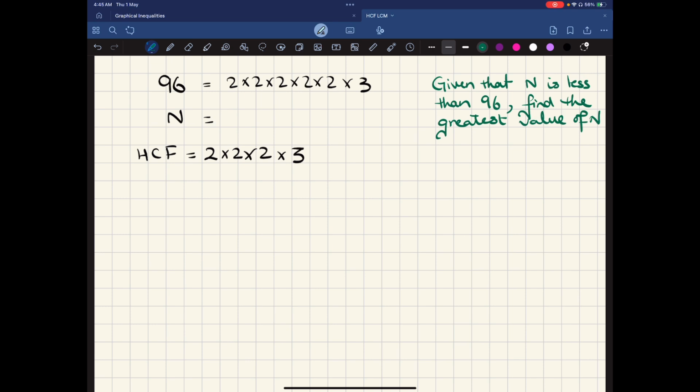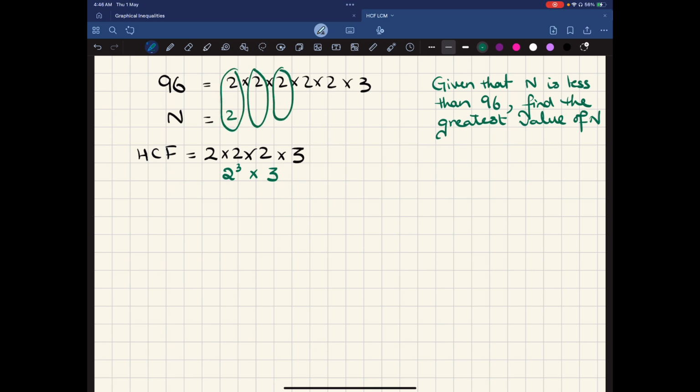Okay, HCF basically has the lowest power of the prime factor, right? So the HCF is 2 cube into 3. So it means that we have 3 loops here, right?